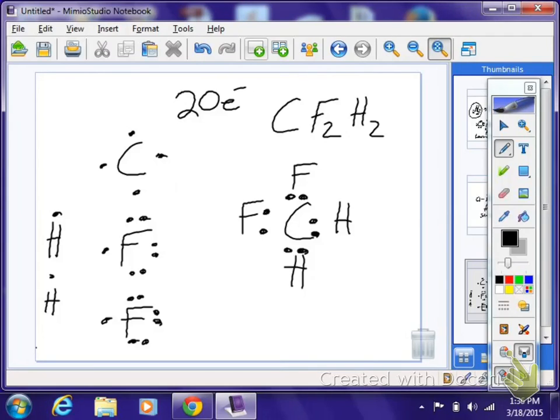When we do that, we get 8 electrons taken away from the 20 original electrons. We're left with 14. Now, what do we need to do with some of those 14? Oh, my subtraction is bad. You guys didn't even catch me on that, did you? 12 electrons. Okay? 12 electrons. Sorry.